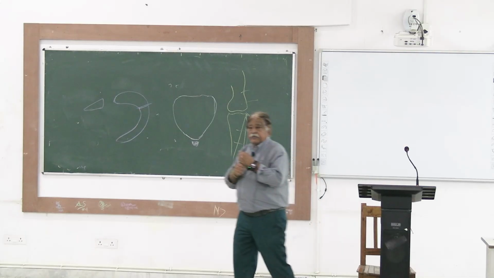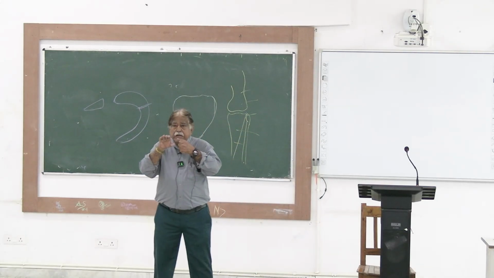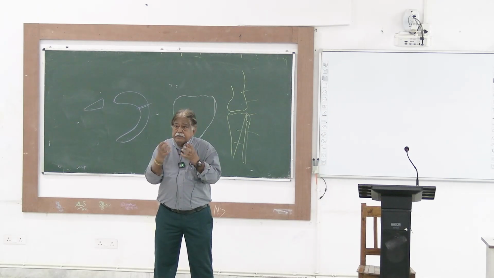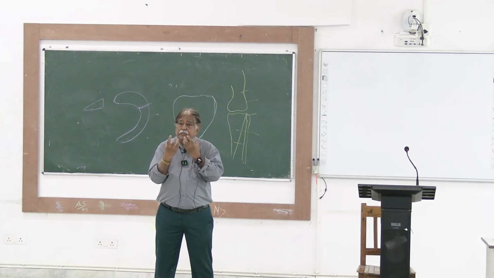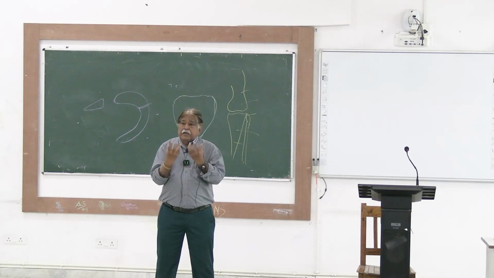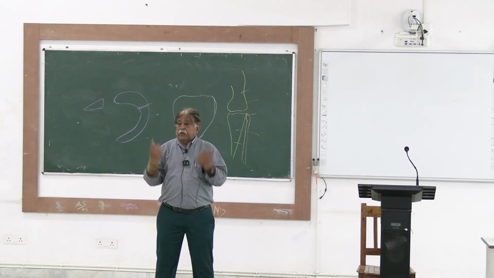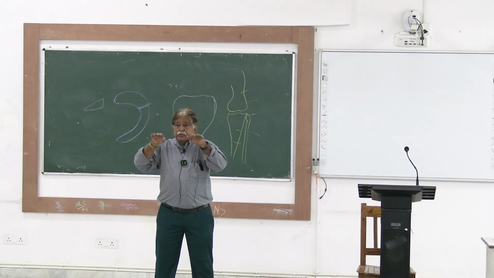Naturally, these surfaces have cushioning effects. Plus, the way the femur and tibia evolved from quadruped to erect posture, naturally that has to be balanced.